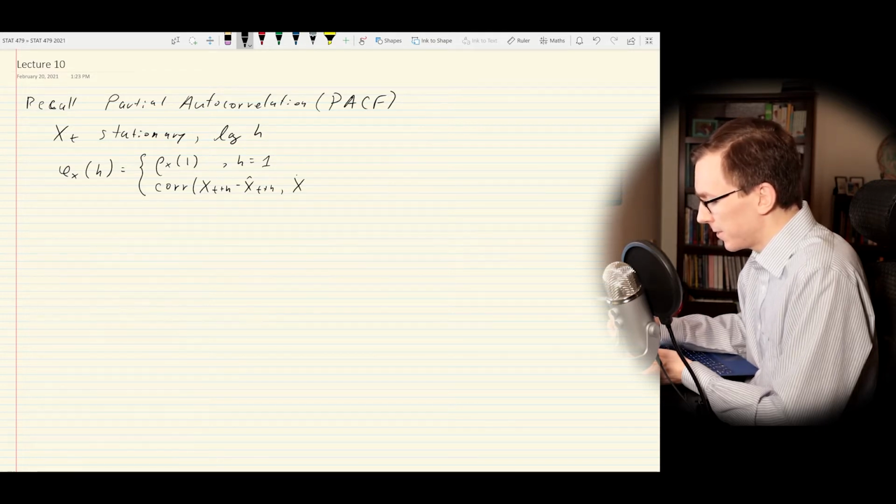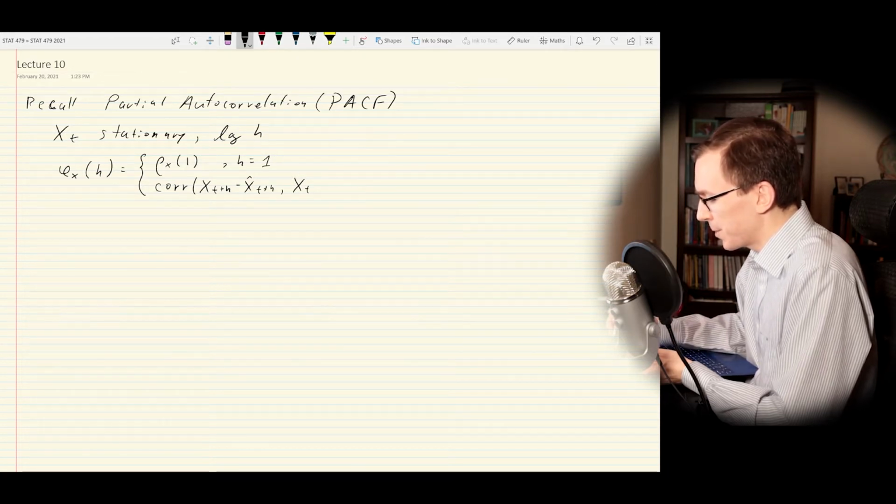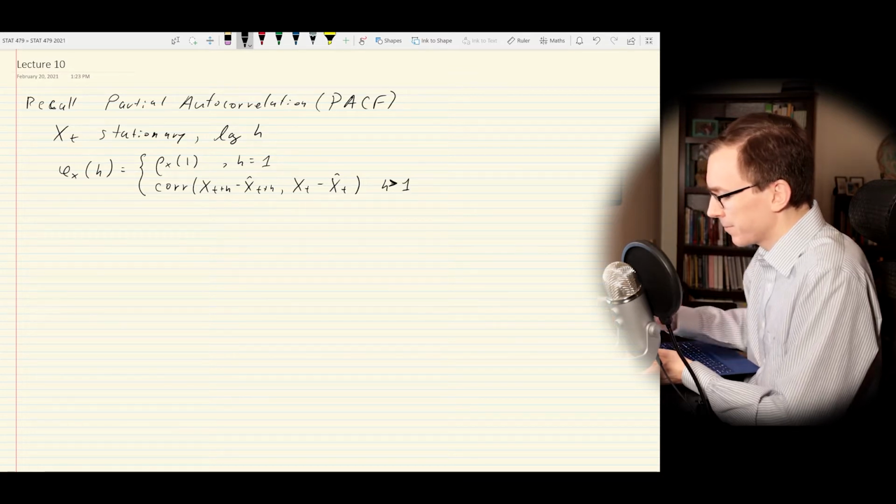It's going to look like the correlation between the difference of the time points of interest, X_{t+h} and X_t, each differenced with its estimated value based on the intermediate data points. This is for h greater than 1.